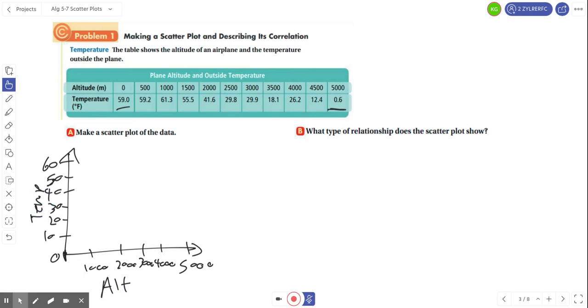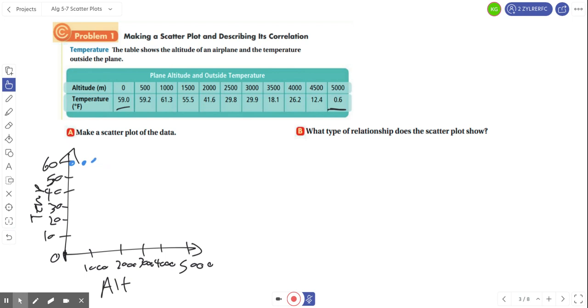Okay, so at an altitude of 0, our temperature is pretty close to 60. I'm going to make the points a different color so they're easy to see. At 500, it's actually a little bit warmer. At 1,000, it's even warmer than that.